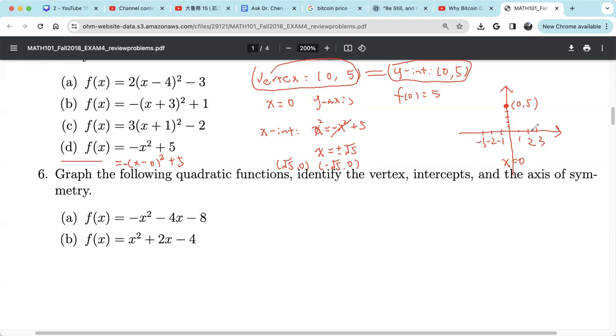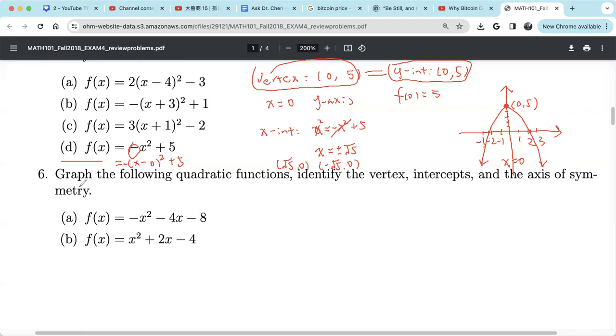So that means somewhere here we have an x-intercept, a little bit more than 2, and negative square root 5 a little bit less than -2. So we graph, we have a downward parabola, right? Because the leading coefficient is negative, we have a downward parabola. And that's it, that's the graph.